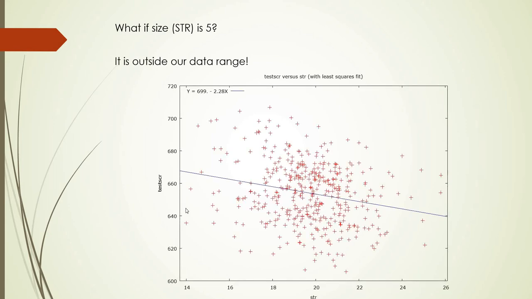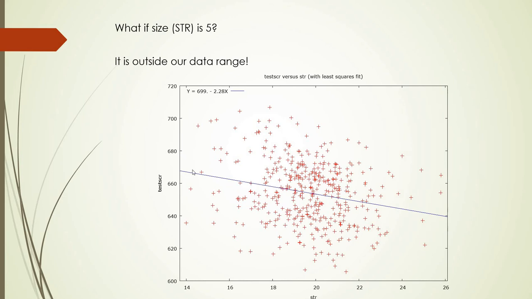The question is, what can we expect if the size of the class is only 5 students per teacher? Well, it is outside of our data range, because as you already know, the minimum size of the class is 14, so we don't have data for these small values of class size.